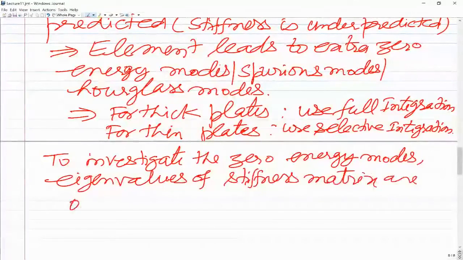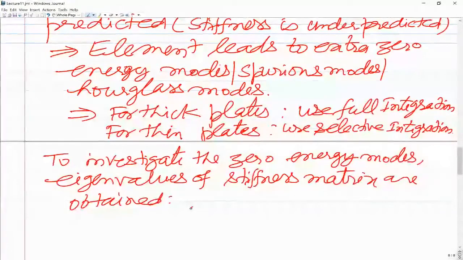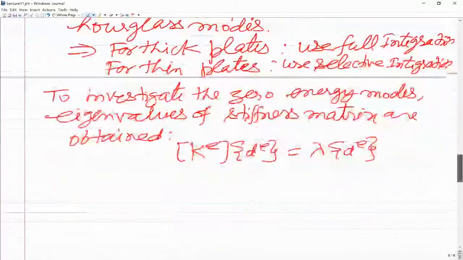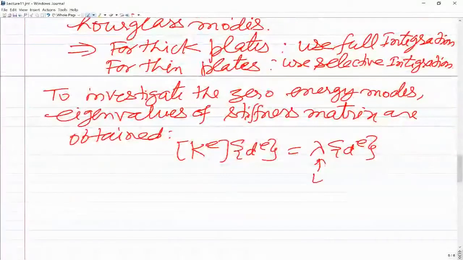You take just one element. You have the element level stiffness matrix, and although the individual element stiffness matrix is singular and you cannot invert it, you can always find its eigenvalues. That is possible. So you have the eigenvalue problem KE D = lambda D, where lambda is the eigenvalue and D is the eigenvector.